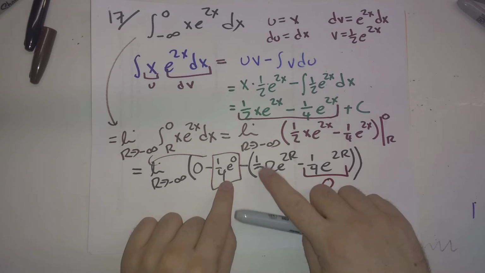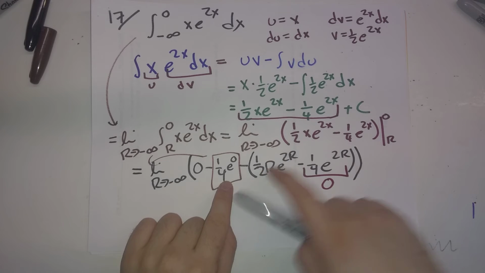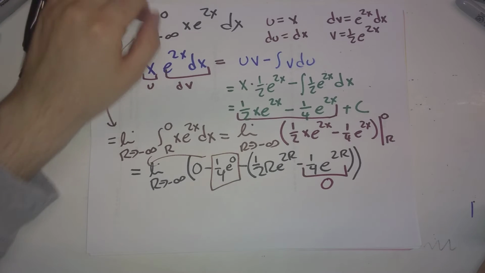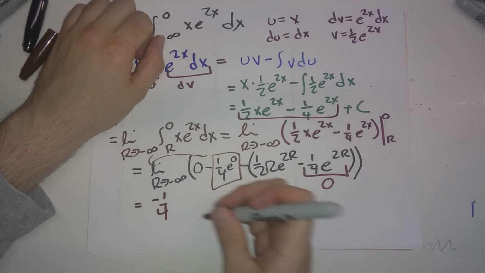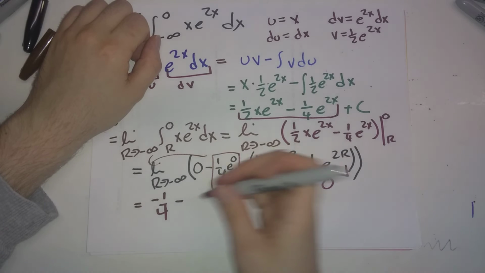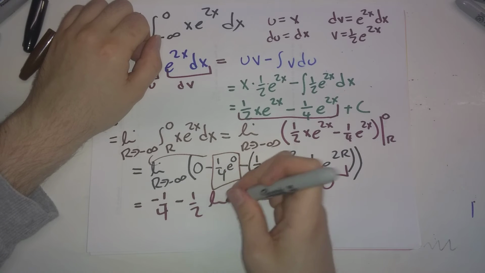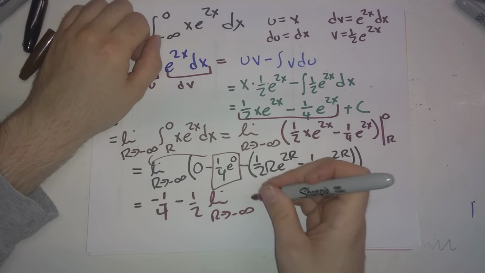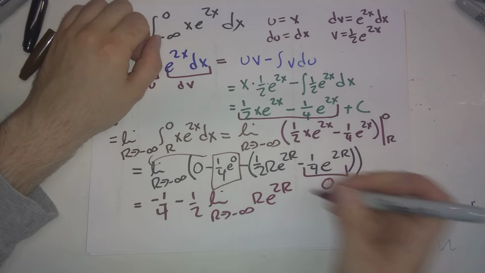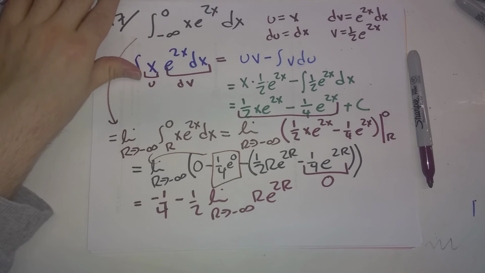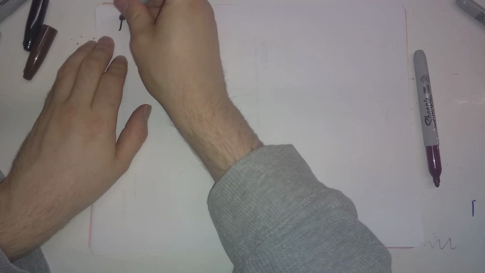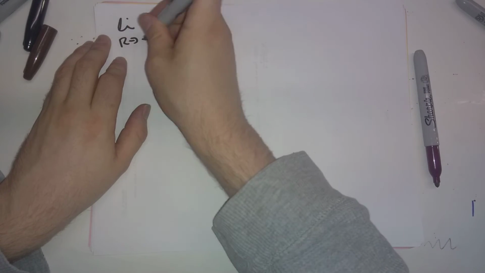So the only thing we have to really worry about is this 1/2 r e to the 2r term. So we have minus 1/4 minus 1/2 times the limit as r goes to minus infinity of r e to the 2r. Okay, so how do we handle this? This is an important enough limit that I'm going to do on a separate sheet of paper.